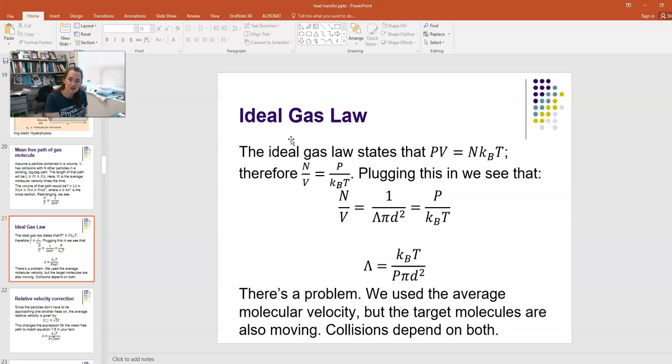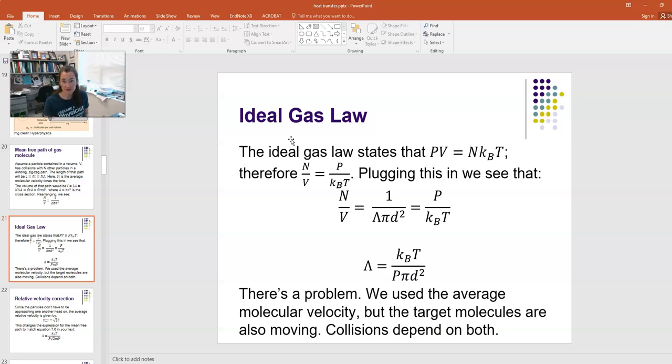So now we have these two expressions for N over V, and we can equate them. N over V is equal to 1 over lambda pi d squared, which is equal to P over k_B T. Now that would give us a solution for our mean free path lambda. Lambda would be equal to k_B T over P pi d squared, all right?